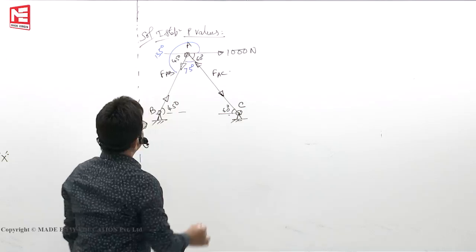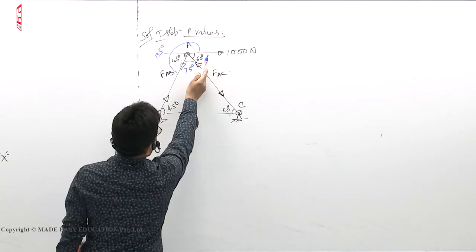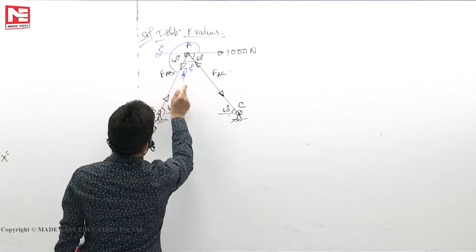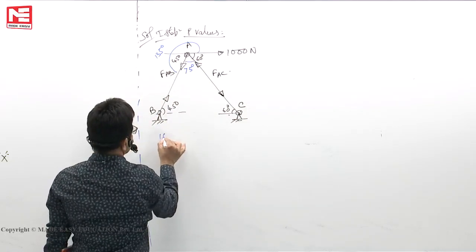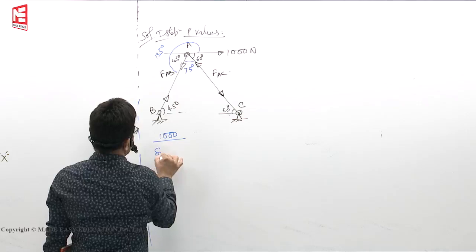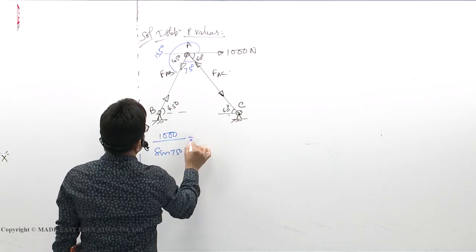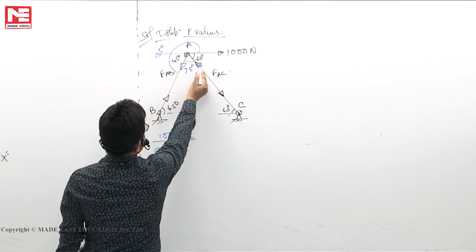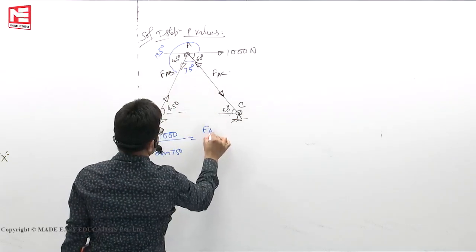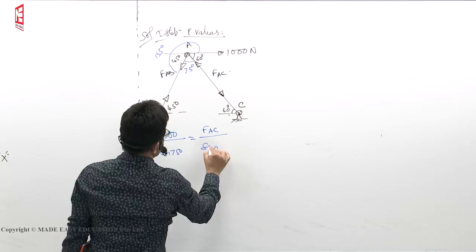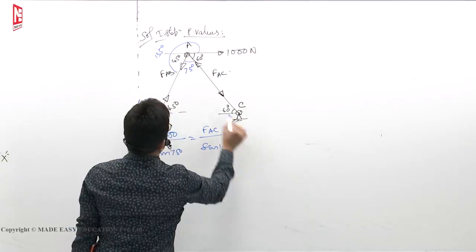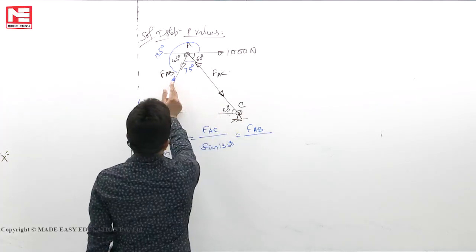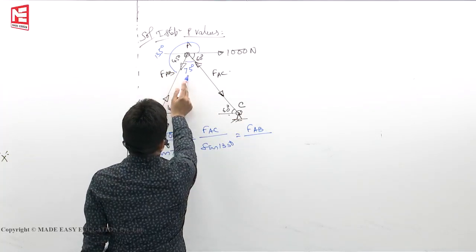90 plus 45, 135 degrees. Now, if you take the sine rule, 1000 Newton is surrounded by 60, 135. Opposite is sine 75. 1000 by sine 75 is equal to FAC, which is surrounded by 75, 60. Opposite is 135. FAC by sine 135 must be equal to FAB. FAB is surrounded by 135, 75.